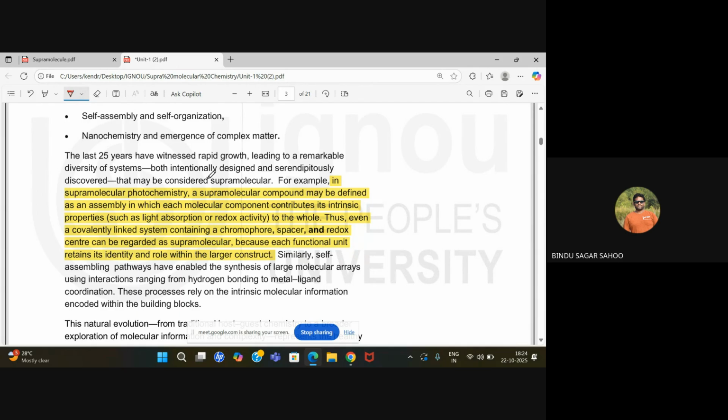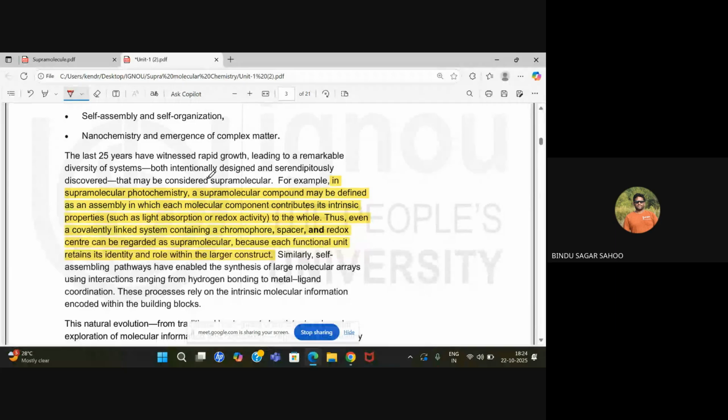They can show light absorption, redox activity, and other things, whether or not they form a supramolecule, and they retain their photochemistry properties.